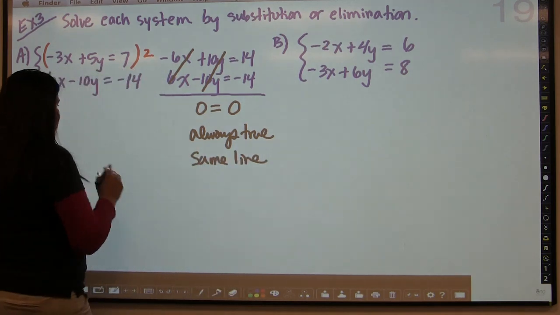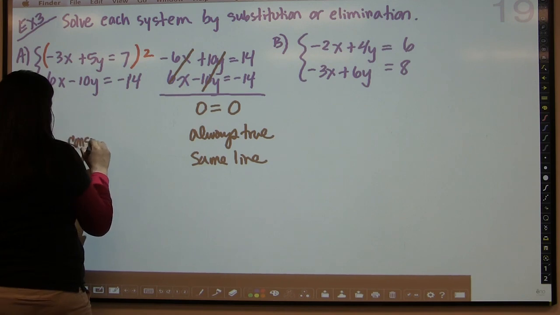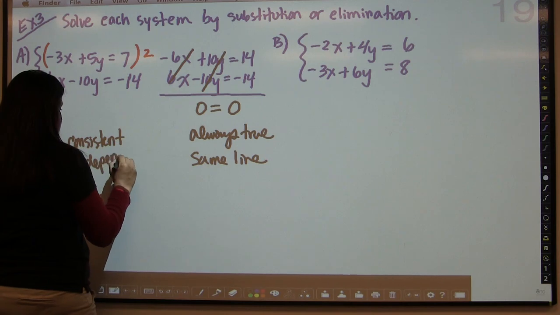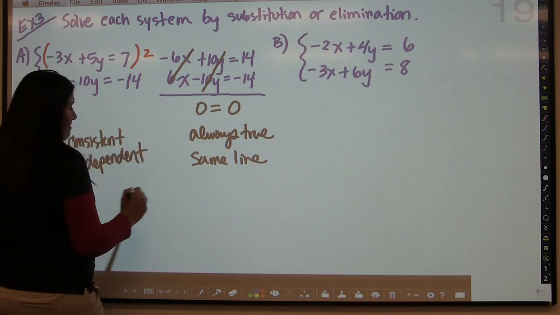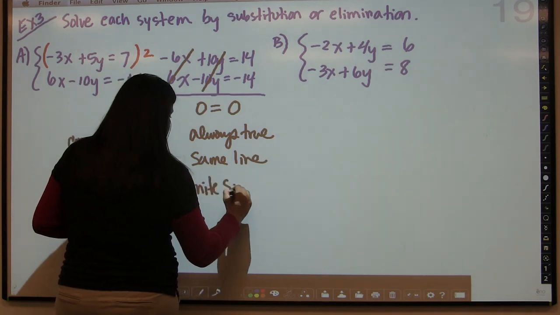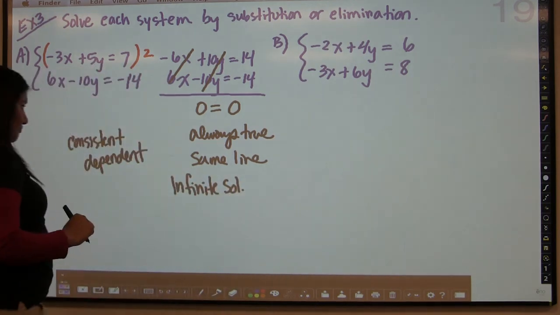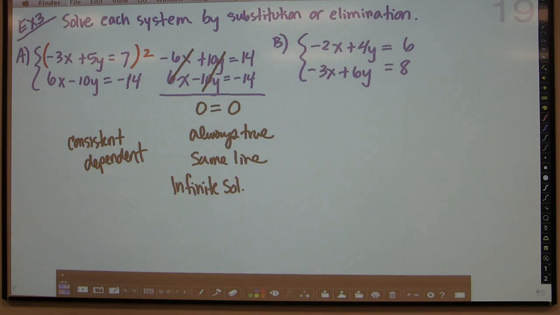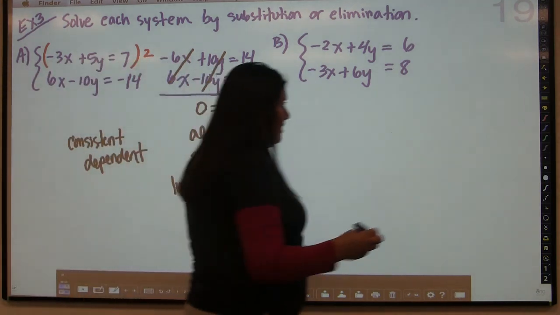So this is basically a system that is consistent and dependent, and thus you have infinite solutions. Any number will work in this case. You have an infinite number of solutions, and any number will work. Okay?